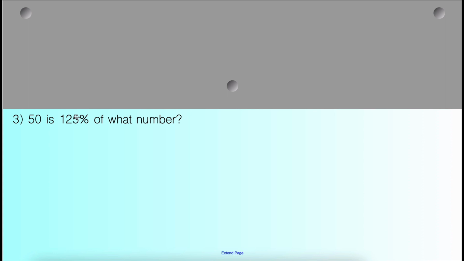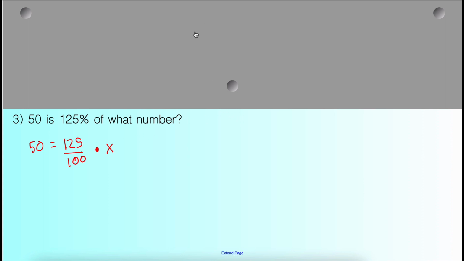All right, so for the equation, 50 is equals 125%, 125 over 100, of times what? x. So this one was a little different, but it works the same way. We're just looking for all the parts of this and writing it out as an equation.